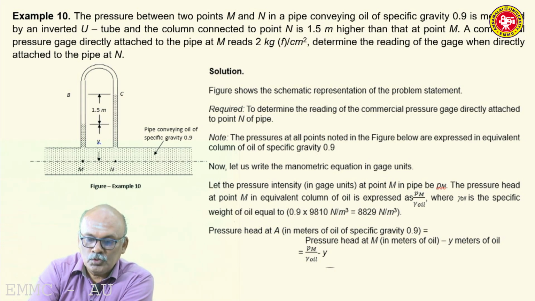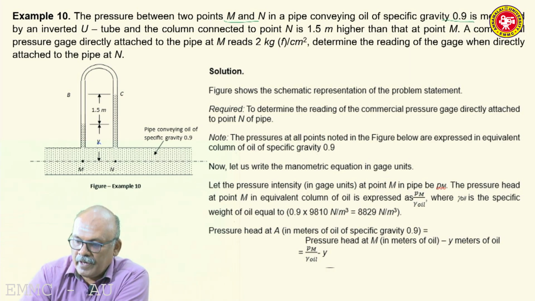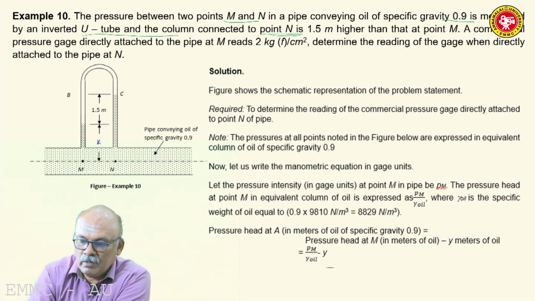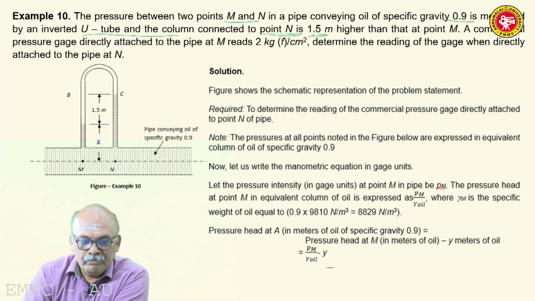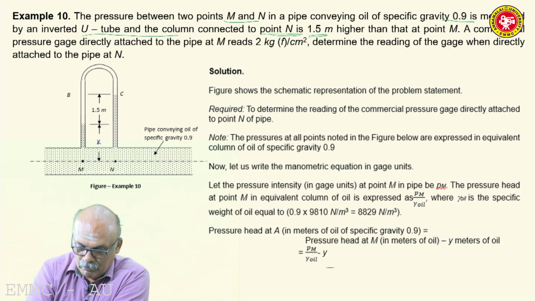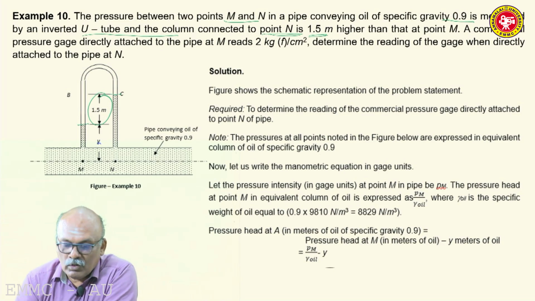The pressure between 2 points M and N in a pipeline conveying oil of specific gravity 0.9 is measured by an inverted U-tube, and the column connected to the point N, which is the downstream point, is 1.5 meters higher than that at point M. So please note, the column connected to point N, that is the right limb, is 1.5 meters higher than that at point M. So the level of liquid in the right limb, which is connected to N, that is at C, is higher than the level of liquid connected to point M in the left limb, that is B. So 1.5.